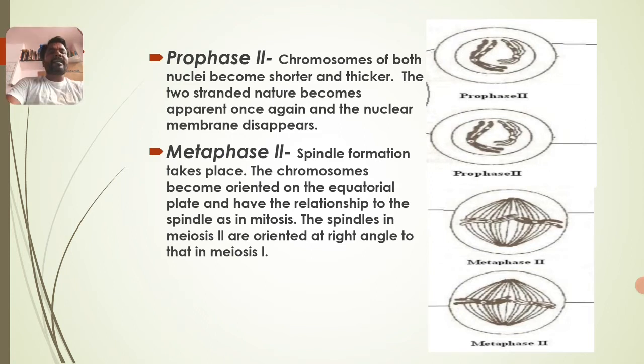The chromosomes become oriented on the equatorial plate and have the same relationship to the spindle as in meiosis 1. As in mitosis, the spindle fibers are attached to the kinetochore present on the surface of the centromere, and the chromosomes are arranged on the equatorial plate. The spindles in meiosis 2 are oriented at right angles to those in meiosis 1.